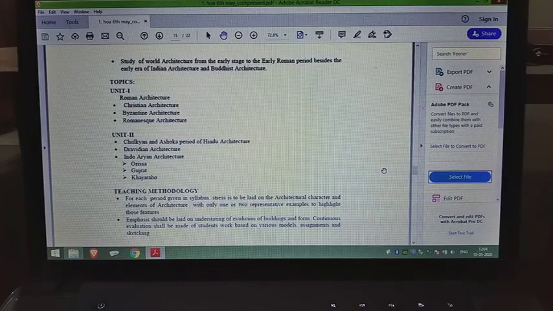Now at the same time, if you realize, I'm coming back to the syllabus which says Chalukyan and Ashokan period of Hindu architecture. Now what was happening was, Ashoka died around the 3rd century, 4th century. After that there were about 5 centuries during which there were a lot of wars throughout the Indian subcontinent.